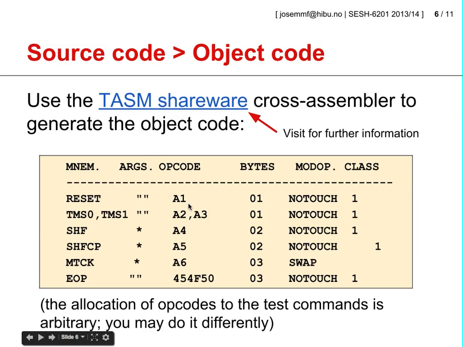Now, of course, this allocation between source and object codes was entirely arbitrary, and you can choose any allocation by yourself.